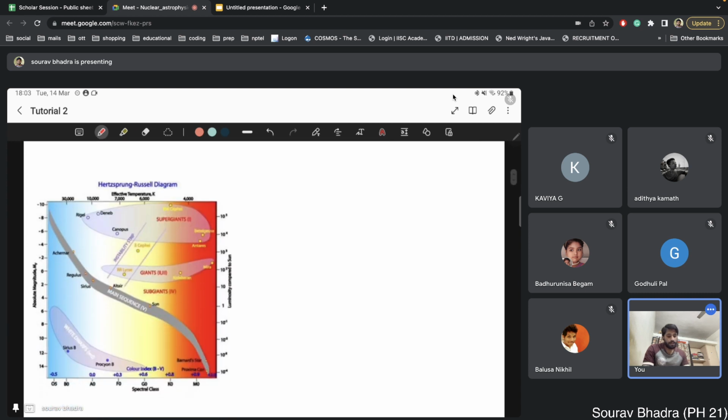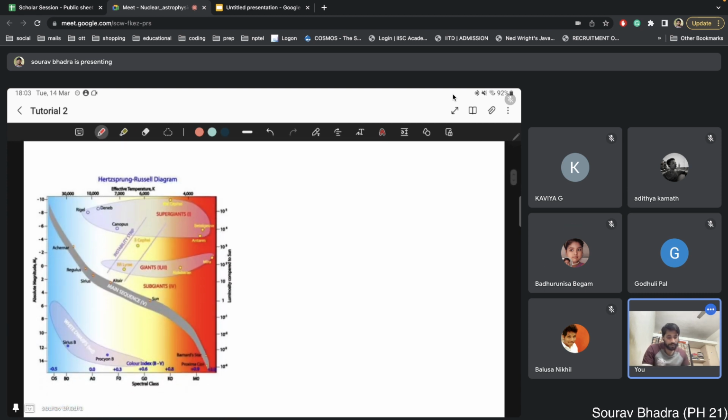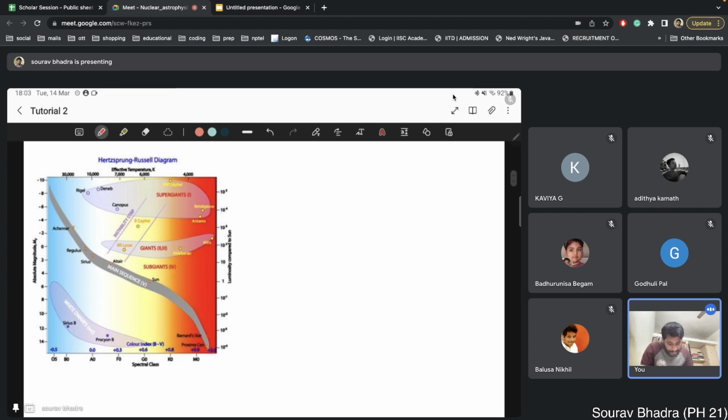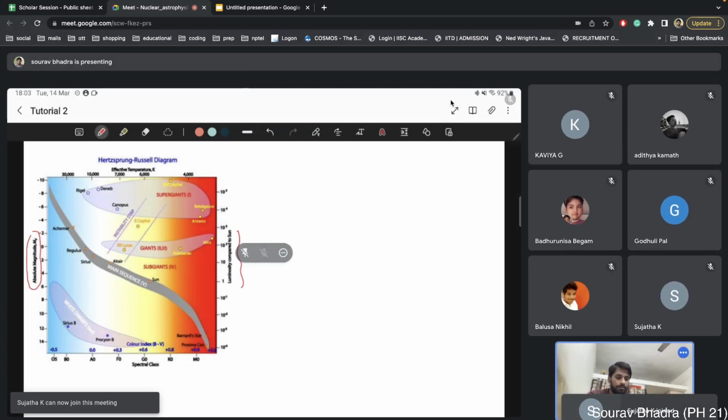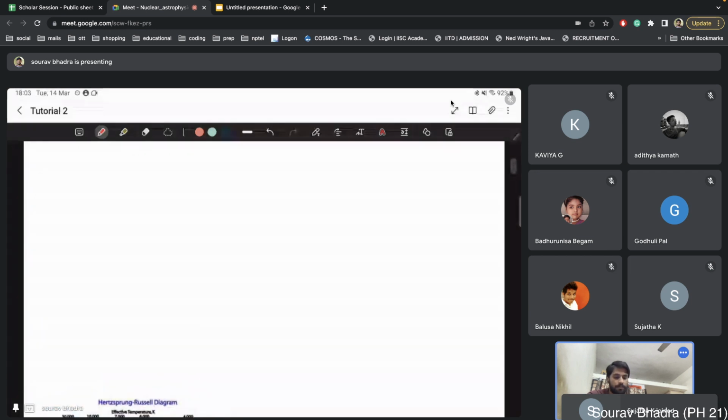When you go through the HR diagram, you can see that the y-axis is the absolute magnitude, and here this is luminosity. So I thought I would give you the idea of absolute and apparent magnitude first, then come to the HR diagram and do all the problems one by one.